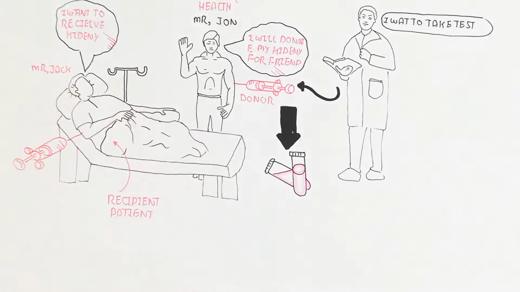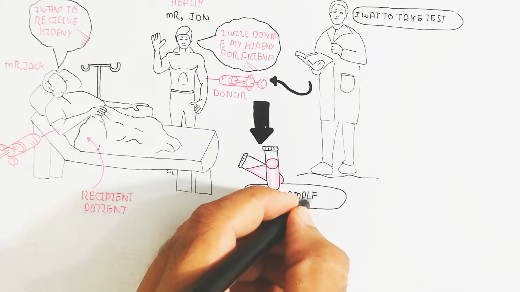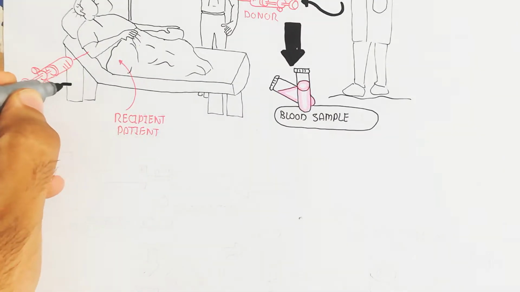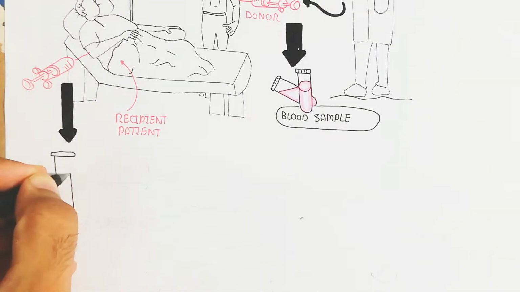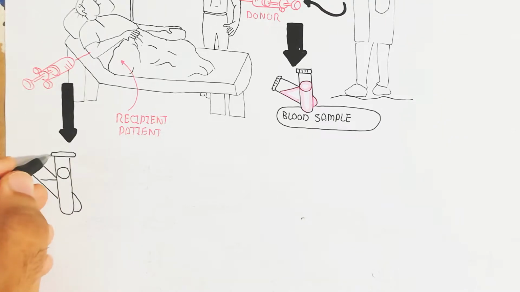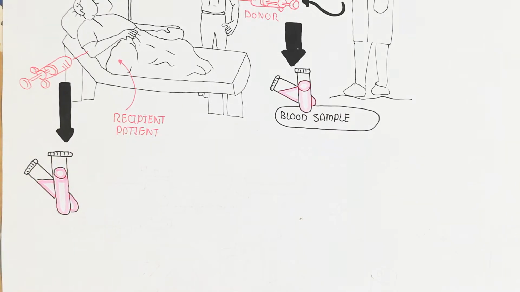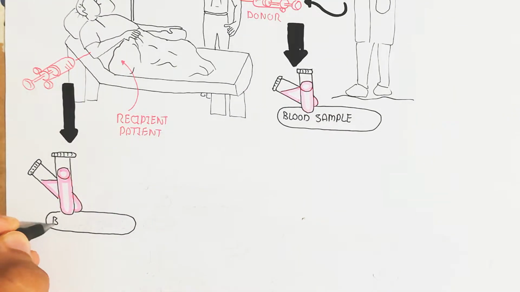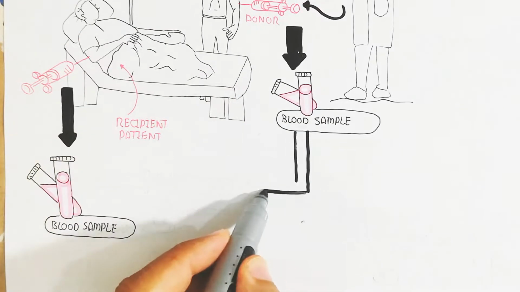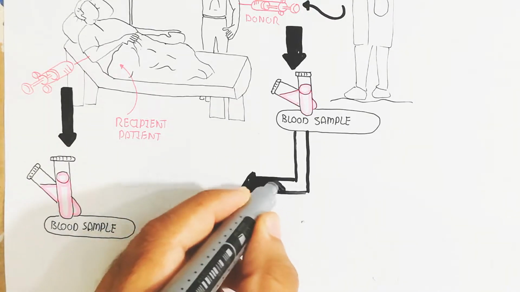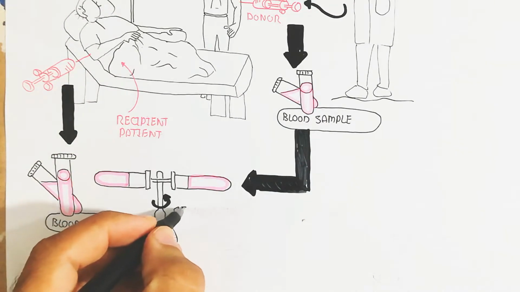This blood sample is taken through injection from the donor as well as the recipient. The recipient receives the organ, so that is why the blood sample test is very important. After the blood is taken, the lab assistant will collect the sample and go into the laboratory for analysis.